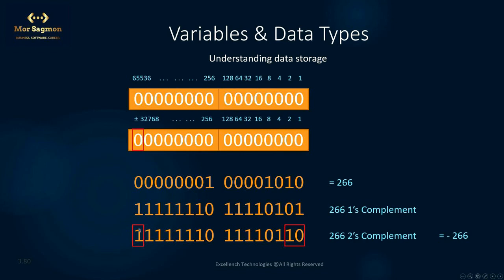So this bit is used to represent the negative number if it is 1, and that it must be decomplemented back to this representation of 266 together with the minus sign that is represented by this bit. So this is how we would represent minus 266.